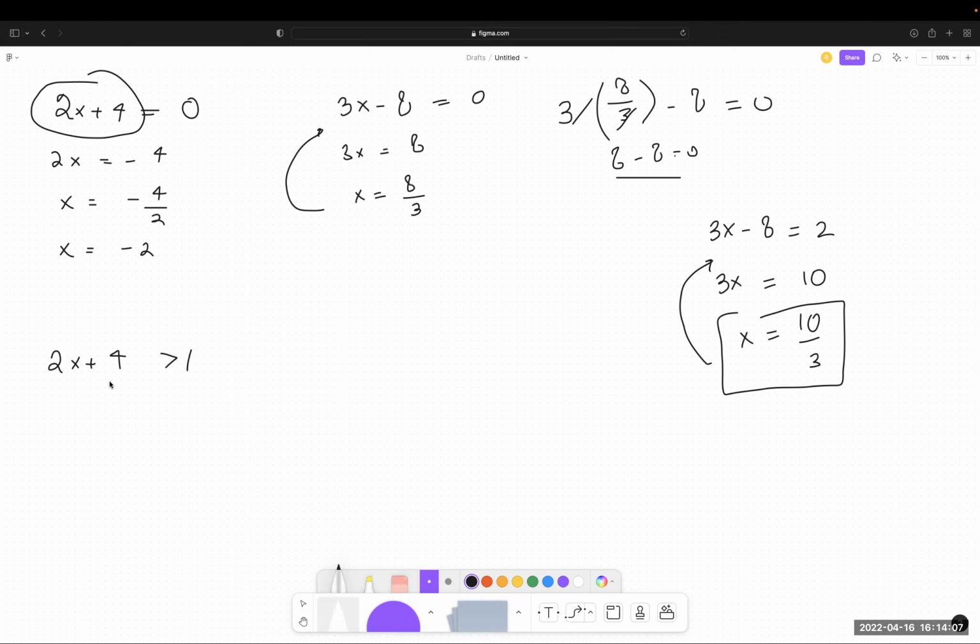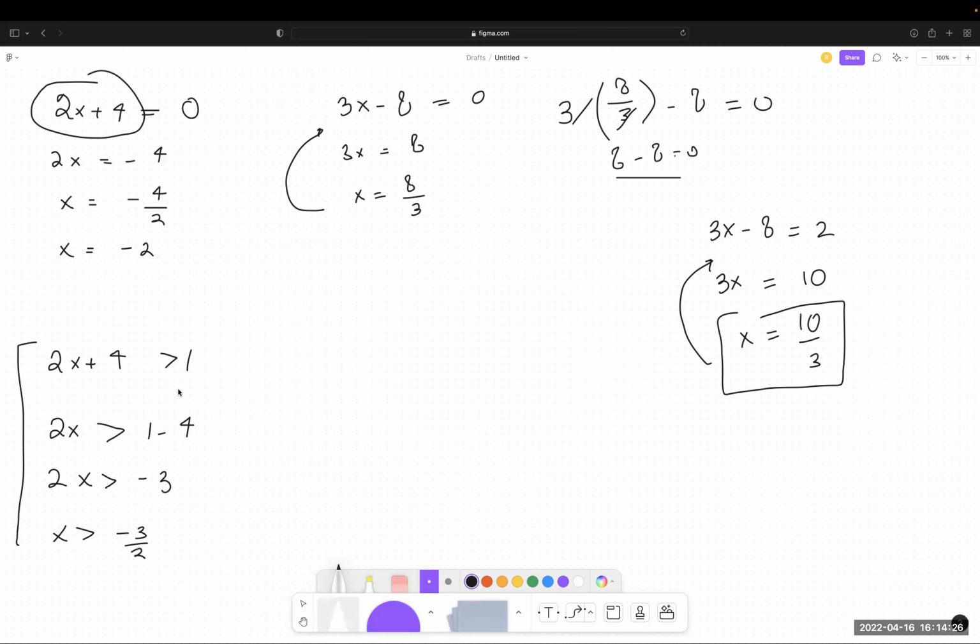And you can solve this and you'll know. So we solve this here. 2x is greater than what? We subtract 4 from both sides, right? We have 1 minus 4. We have 2x is greater than -3. And then here, x will be greater than -3/2.